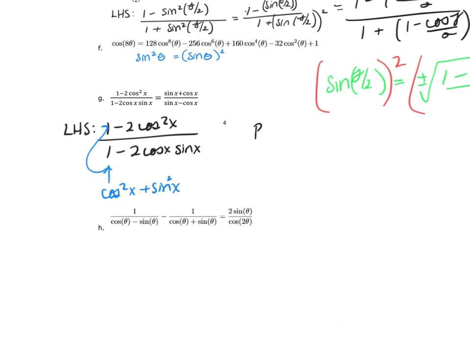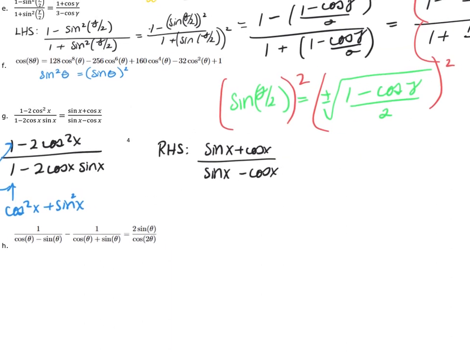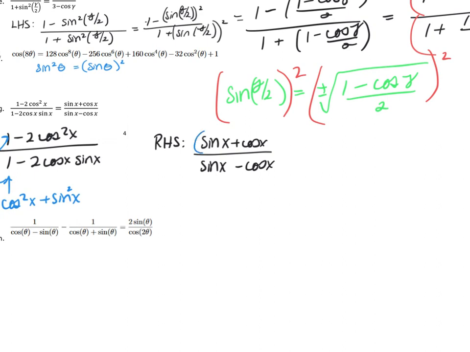If you choose the right-hand side, then you have the sine of x plus the cosine of x over the sine of x minus the cosine of x. If you choose this side, my hint to you is multiply by the conjugate of the numerator: sine x minus cosine x, sine x minus cosine x.